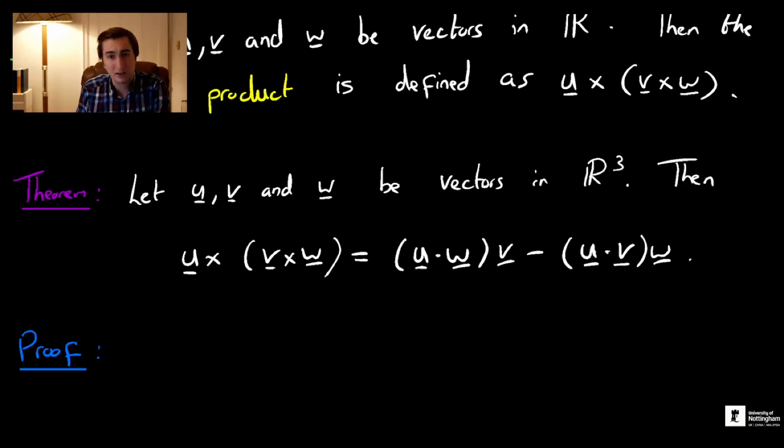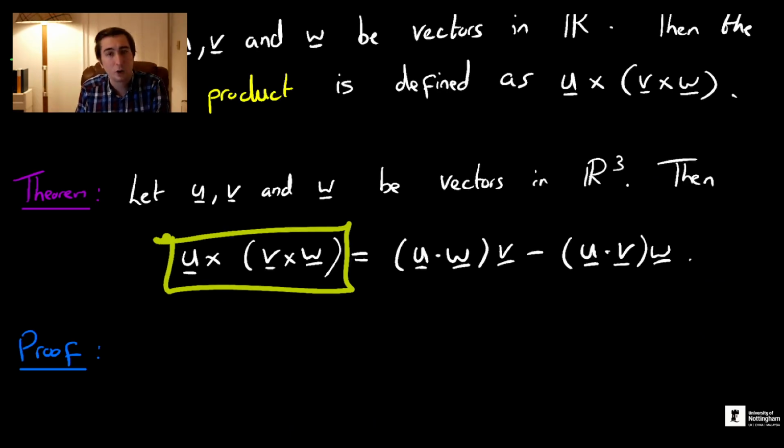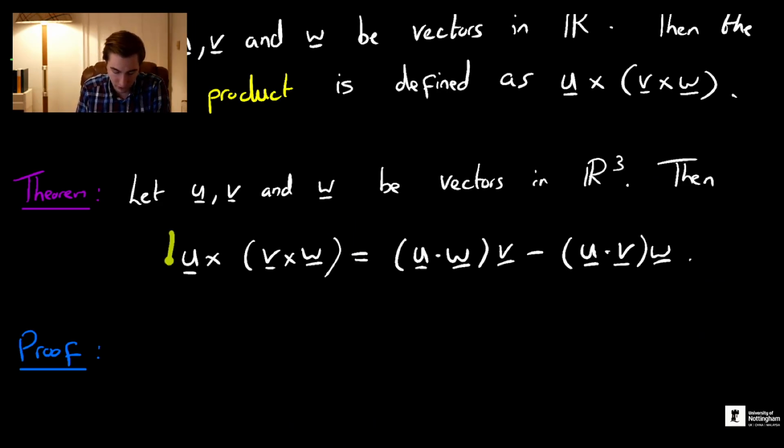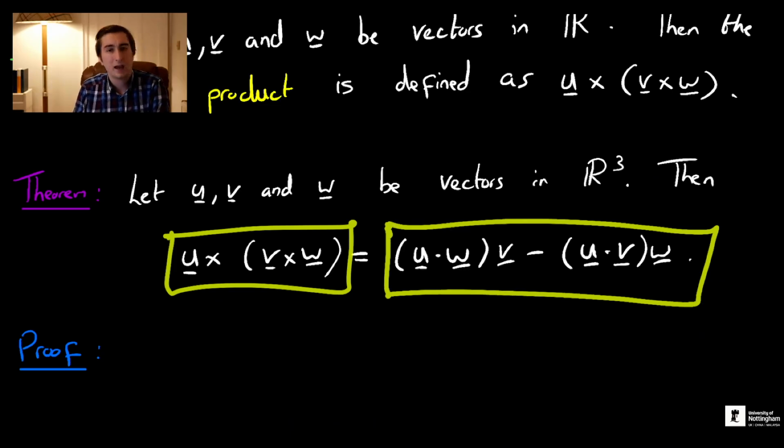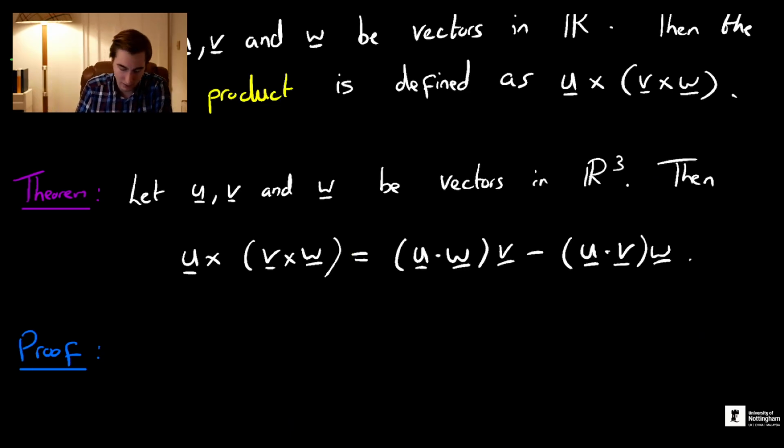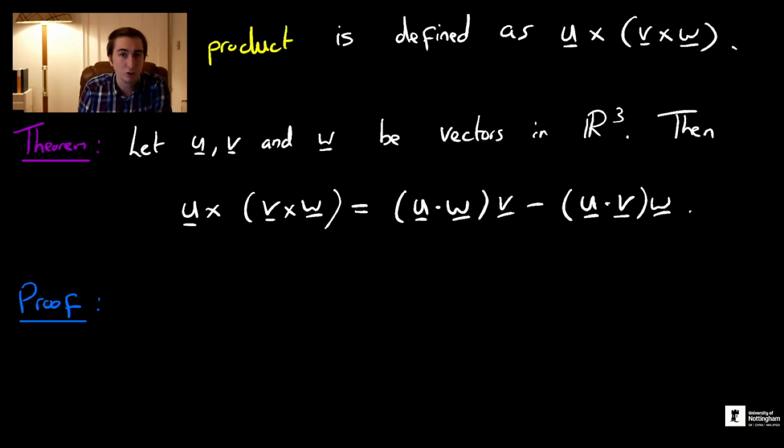Because of the symmetry of how the first component relates to the second component, which relates to the third component, I'm just going to show that it works for the first component, and I'll leave you to calculate the second and third components. So we're just going to show that the first component of this thing is indeed equal to the first component of this thing, and therefore you can deduce the rest, that the second and third components are the same, so you can do those calculations yourself at home. They're a little tedious, but again, fairly easy to do.